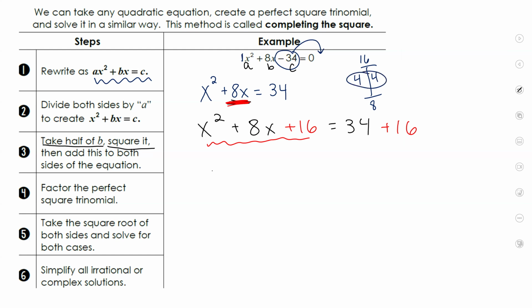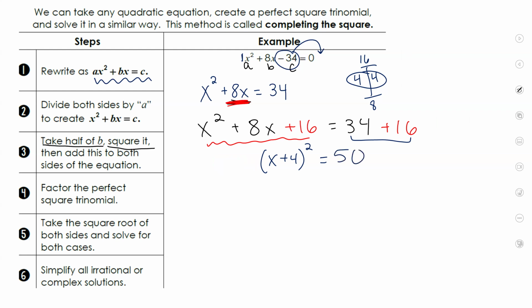So we can write this as x plus 4 times x plus 4. But guys, how can you write that? Yes, just x plus 4 squared. We have 2 of them. So I'll just put a squared. Okay, and what's this side? 34 plus 16? 50. Perfect.